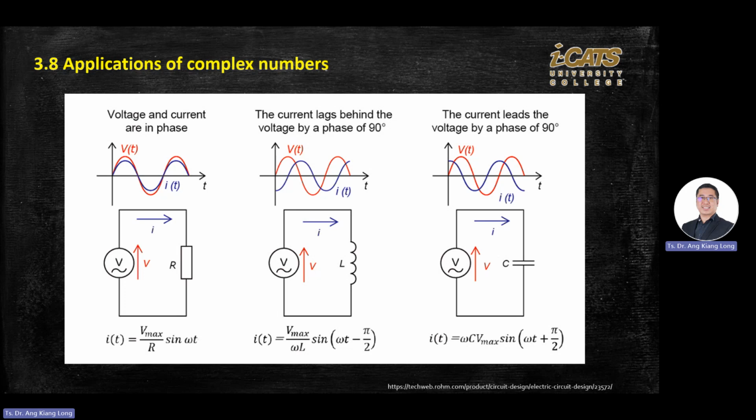When it lags, it is negative, minus pi divided by 2. If it leads, you have plus 90 degrees, pi divided by 2. The formula will be given in the test if this comes out. Once it's given, you choose which scenario it is.